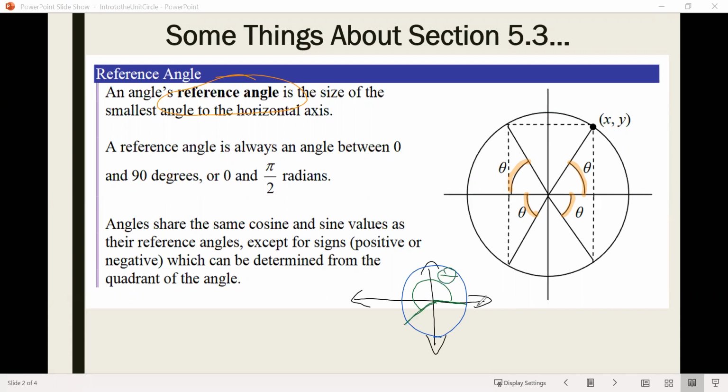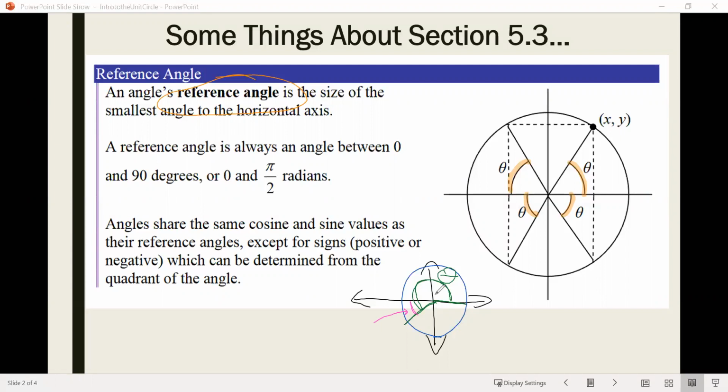That whole angle, a little over 1/2 of a rotation, is the whole angle theta, but then the reference angle is going to be this smaller angle right here, measured back to the horizontal axis. And again, I want to emphasize that a reference angle is always measured back to the horizontal axis.